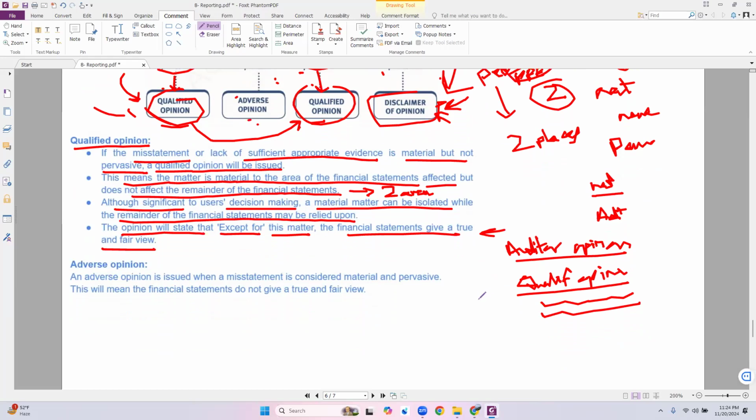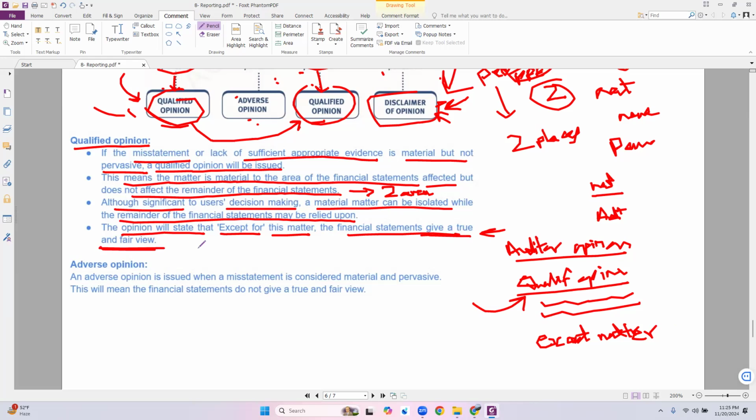Now write it down. In the qualified opinion paragraph, the auditor will state that except for this matter, the remainder of the financial statements can be relied upon, or the remainder of the financial statements give a true and fair view.